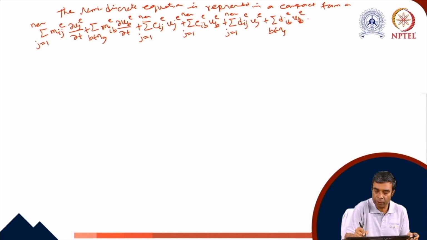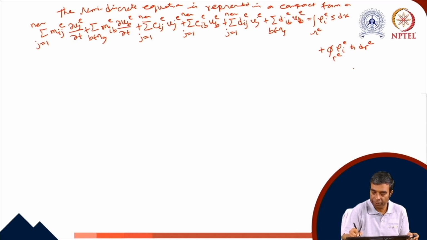Now in the right hand side we have the source term. This we can represent as integration over omega e psi ie s dx and the NBC portion as boundary integral over gamma e psi ie h bar d gamma e.